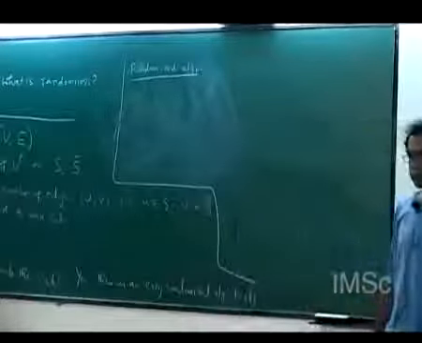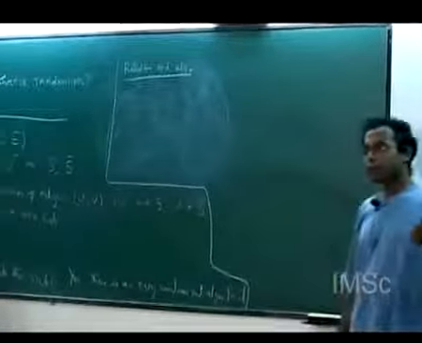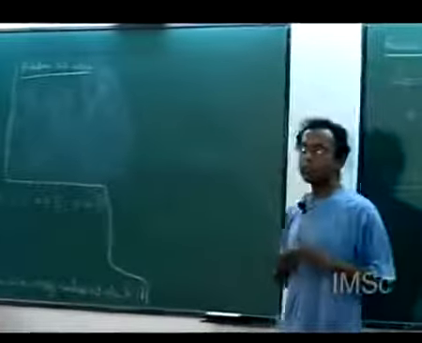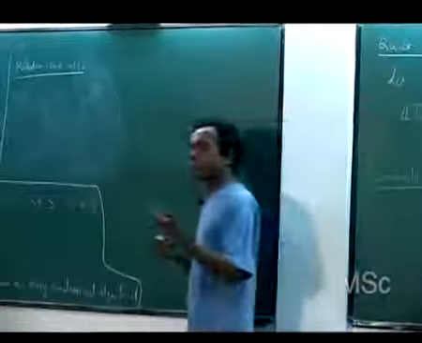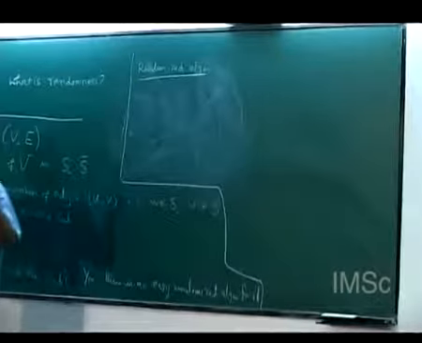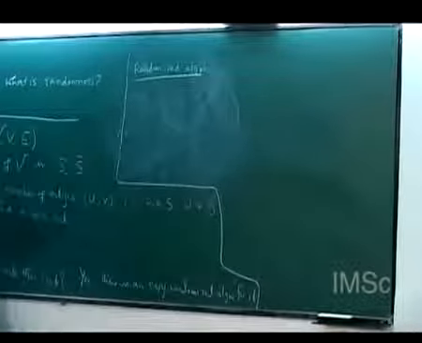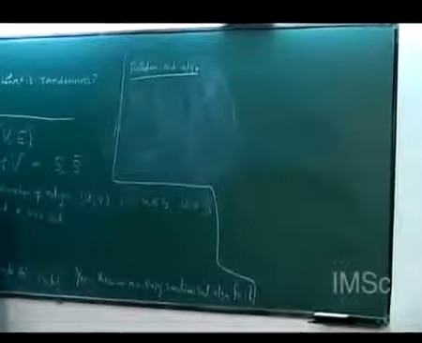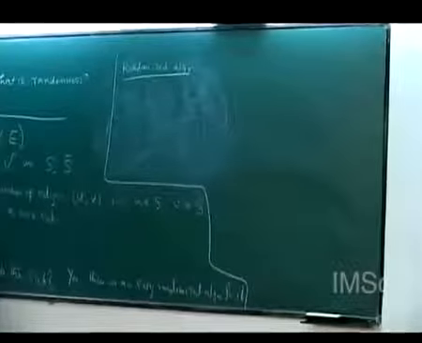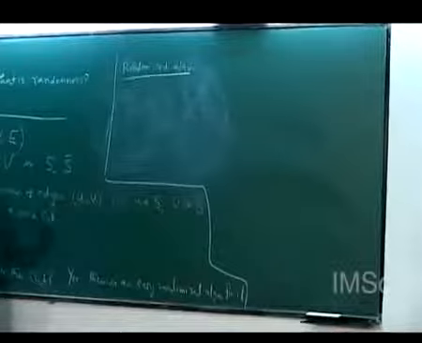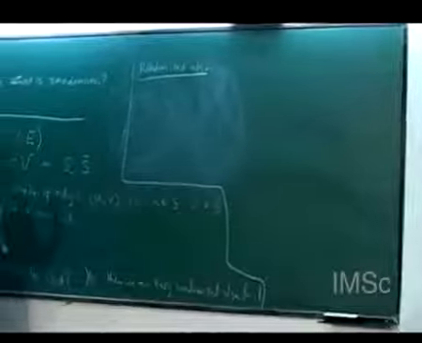It's very obvious. Take a vertex V and toss a coin. If you see head, put the vertex in set S. If you see tail, put the vertex in S complement. This is the most obvious strategy that you can think of, and it turns out that it works well.